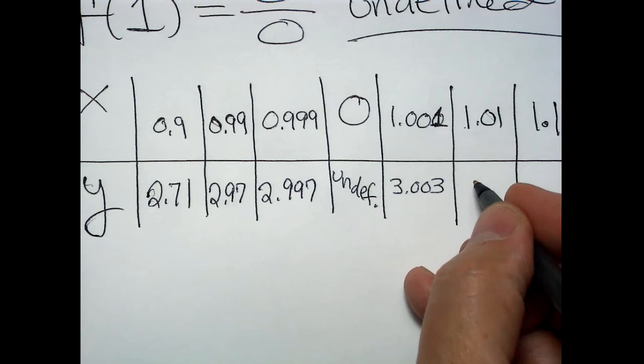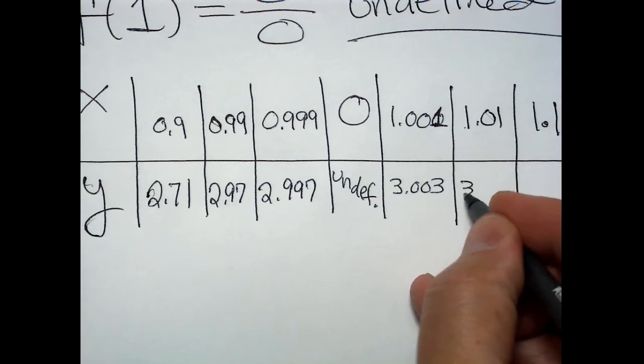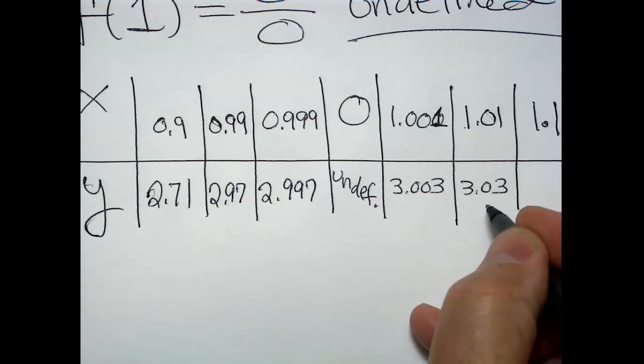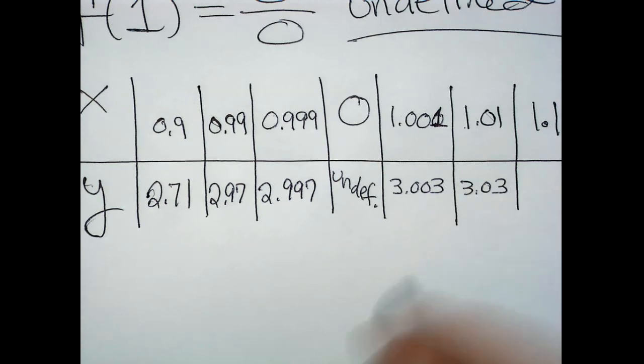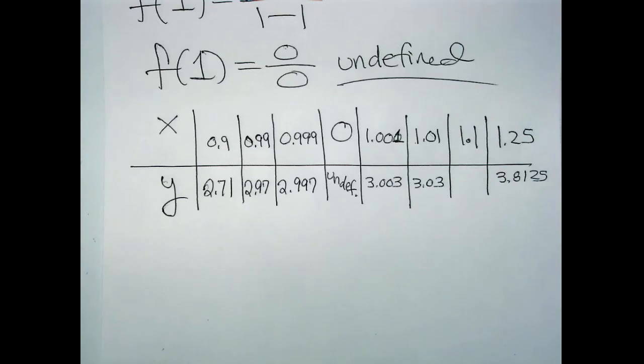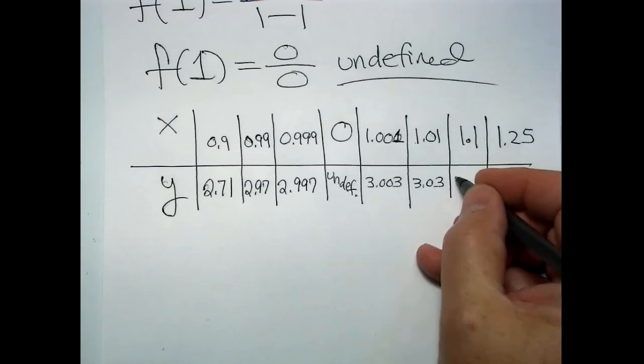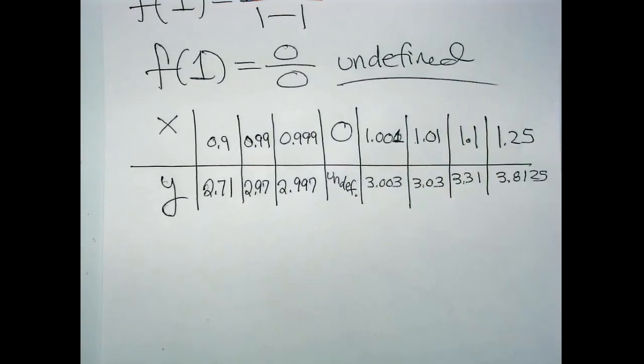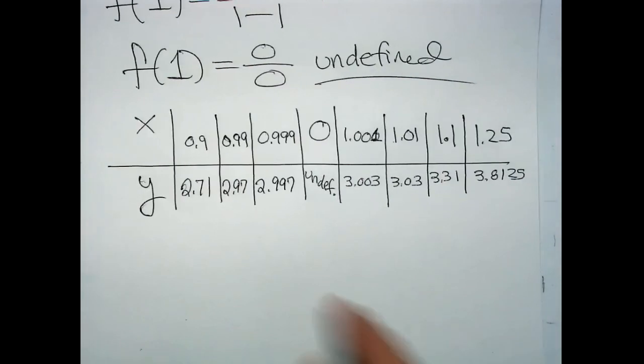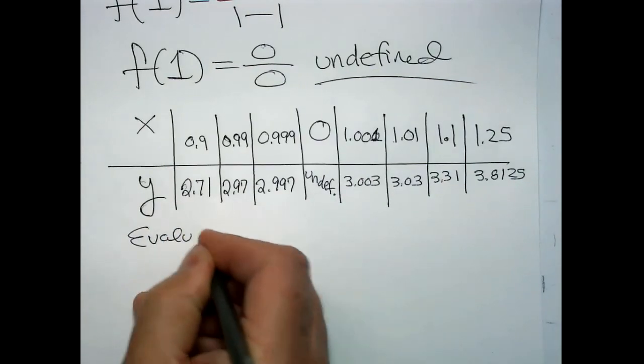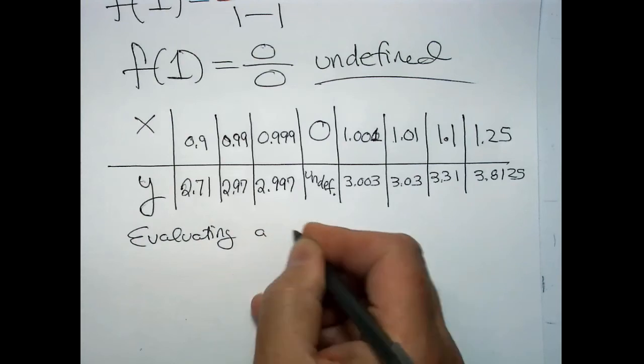At 1.01, I got a 3.03. At 1.25, I got a 3.8125, and I think I missed 1.1, so I'll put that in the calculator now, and I get 3.31. I missed that one. There we go. This is called evaluating a limit numerically.